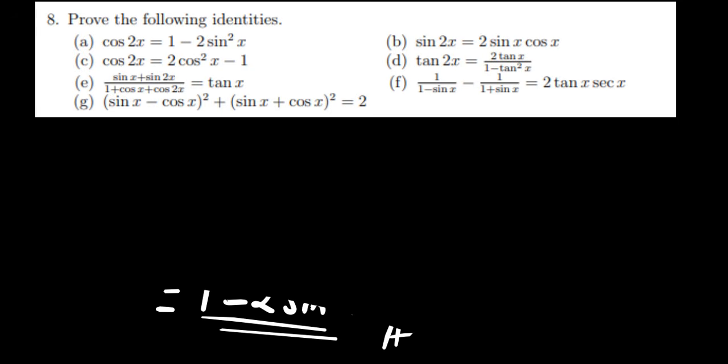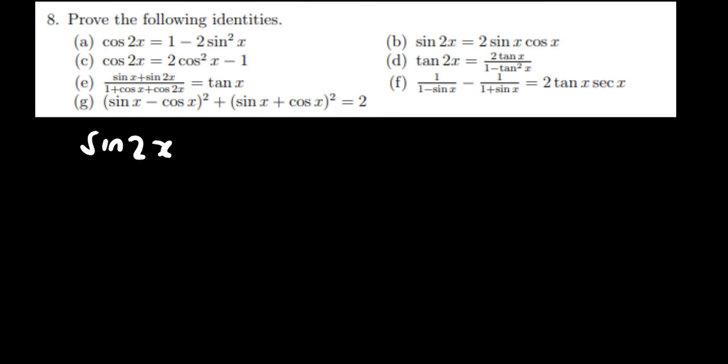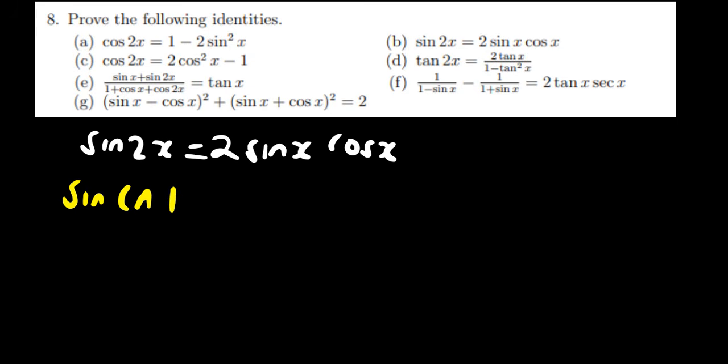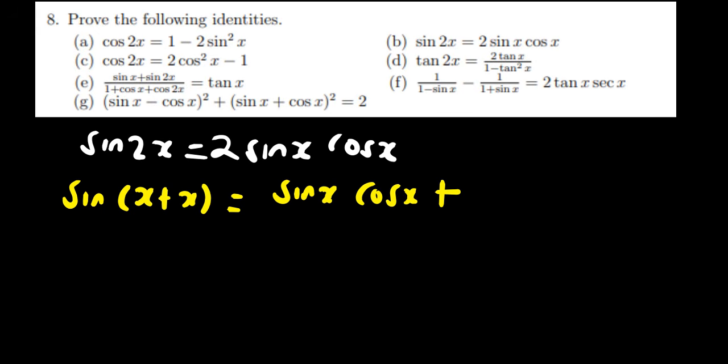Now for b, we're given sine 2x is equal to 2 sine x cos x. I think we talked about this. So if you're given sine of x plus x, because you're finding 2x, you know that for sine you're going to say sine x cos x, plus now it will be cos x sine x.